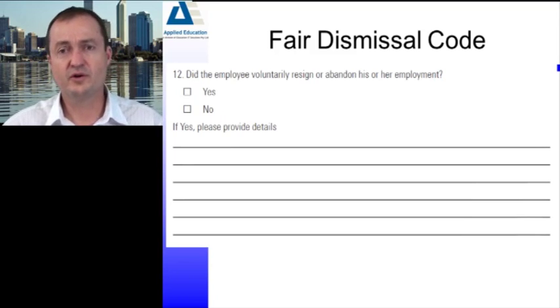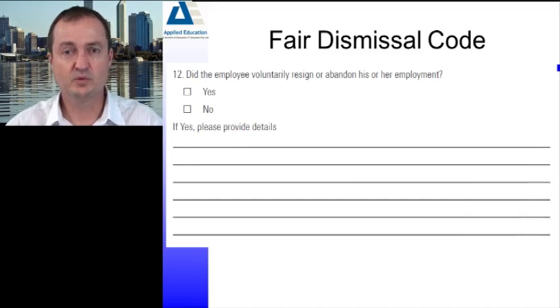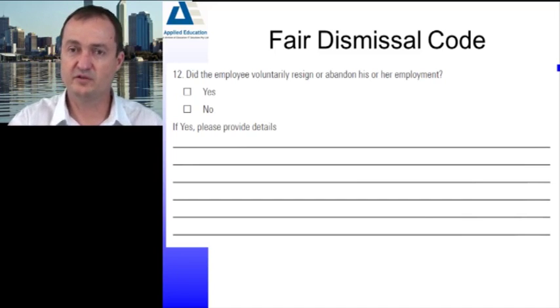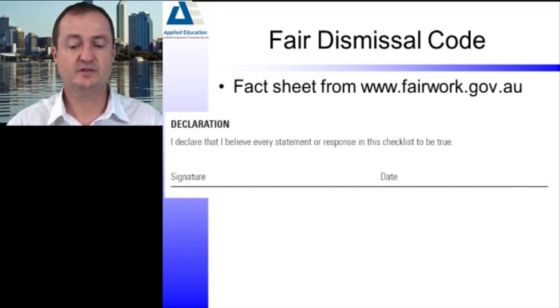Now, with voluntary resignation, the base assumption is that your employee would provide you with the same amount of notice that you must provide your employee. This checklist is then just signed off and kept as a permanent record.